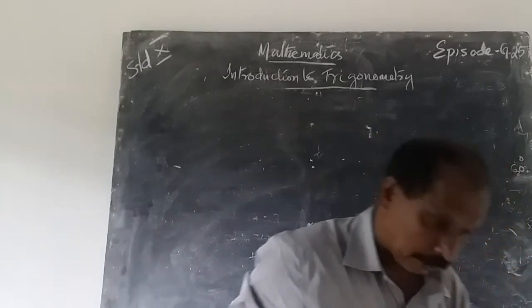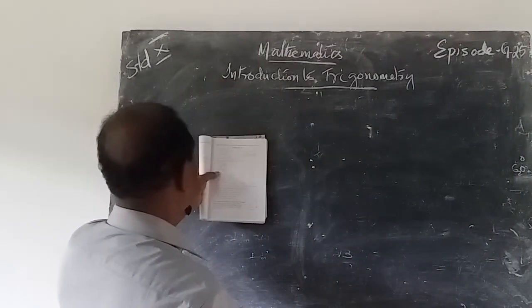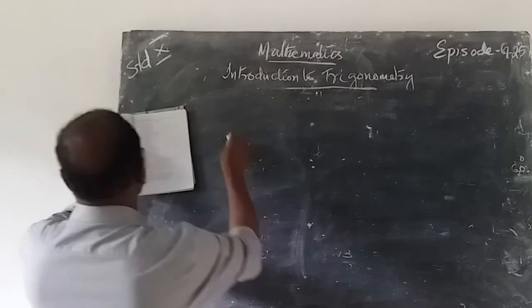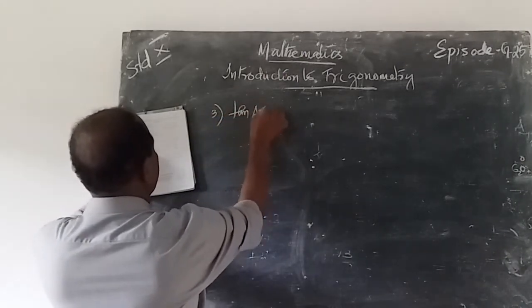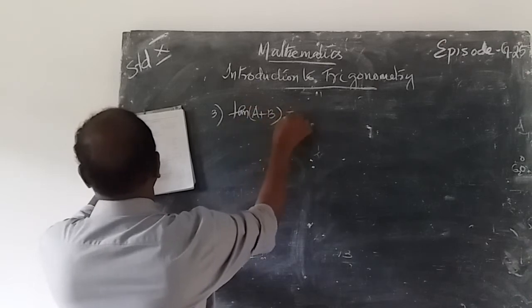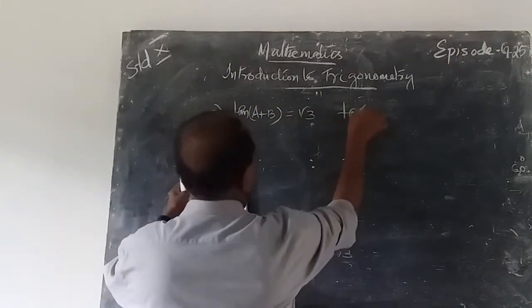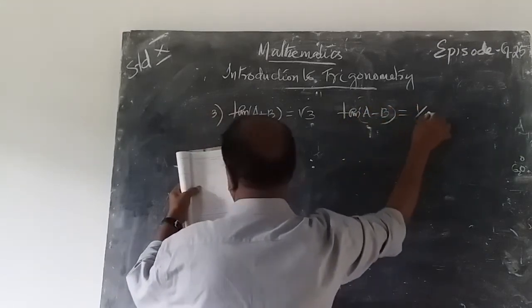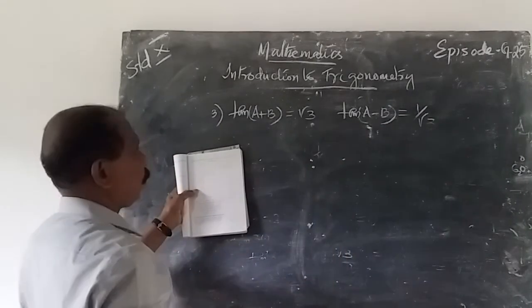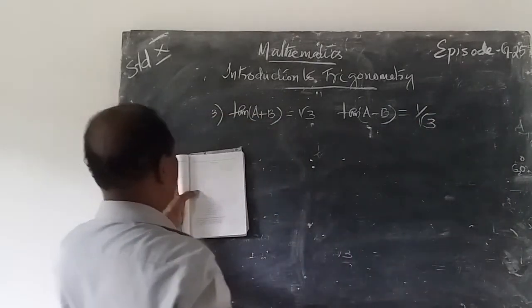Then question number 3 of that exercise. Tan(a plus b) is equal to root 3 and tan(a minus b) is equal to 1 by root 3. Find a and b.